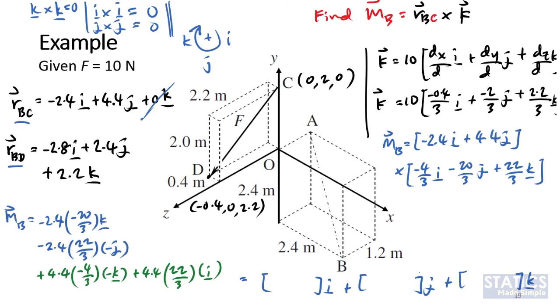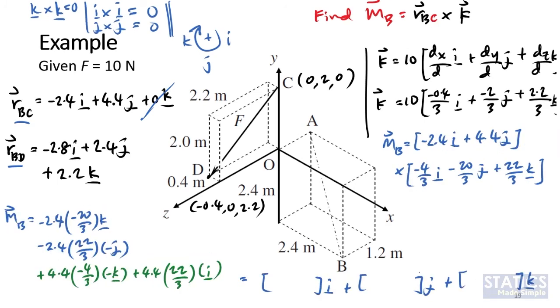And in the end, you'll still end up with the same value of MB. So always remember to choose the R that is the simplest to solve. Clear? Any question on this? No question? Okay.